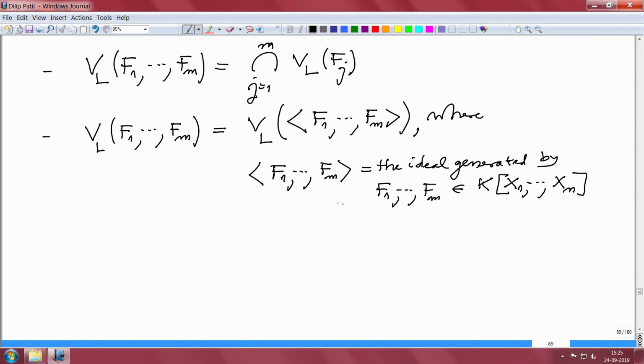We have described this ideal: it is precisely the linear combination of these polynomials with coefficients in this polynomial ring.